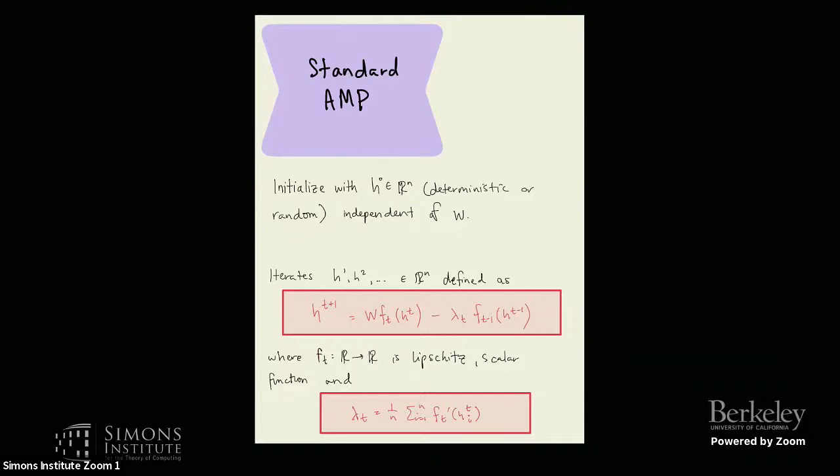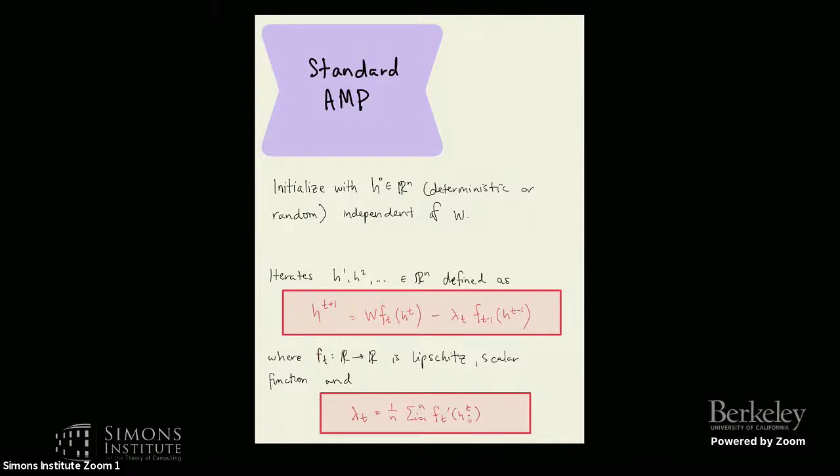So h0 is a length n vector, and this vector is going to be independent of my GOE matrix W. So now I have two objects: my matrix W, which is my symmetric Gaussian matrix, and then an initialization that's a vector independent of it. And so in the standard AMP algorithm, what we're going to do is recursively define a sequence of iterates, h1 through hT, let's say, that are defined in the following way.